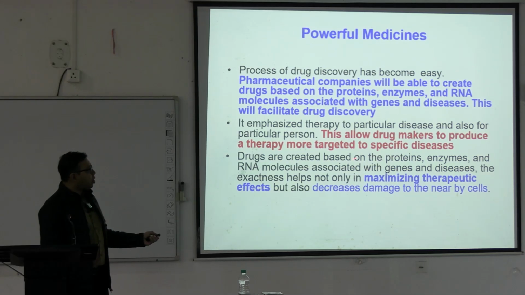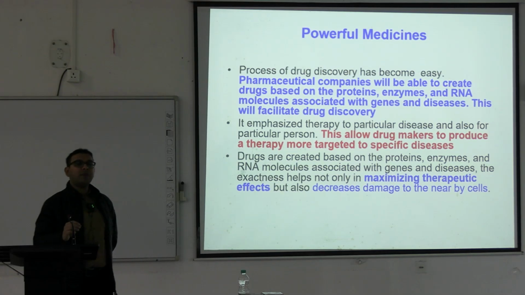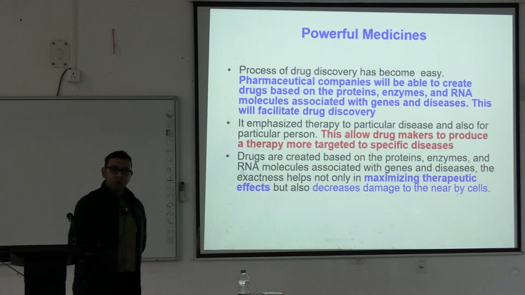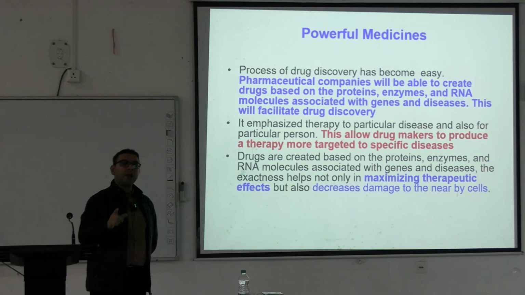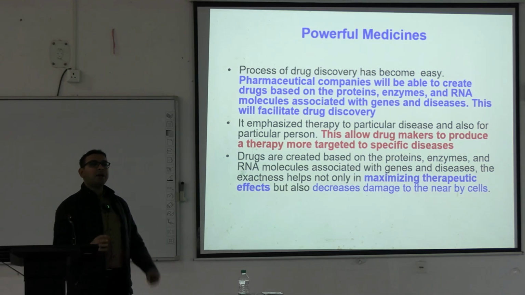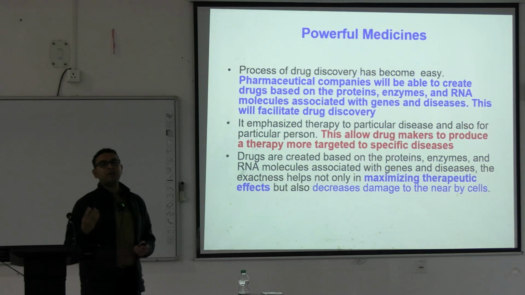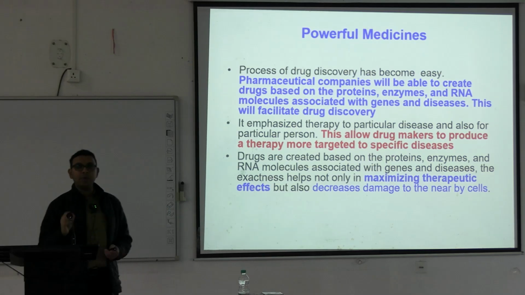Drugs are created on the proteins, enzymes and RNA molecules, and that can maximize the therapeutic effects and decrease damage to nearby cells. Already you know there are different types of genetic therapies and different types of monoclonal antibodies, and there are some drugs targeting individuals with that genetic makeup, but this is quite a handful. Moreover, every year some gene therapies, some genetic drugs are coming out. So in the future we can see lots of genetic therapy, but the problem is again the cost.